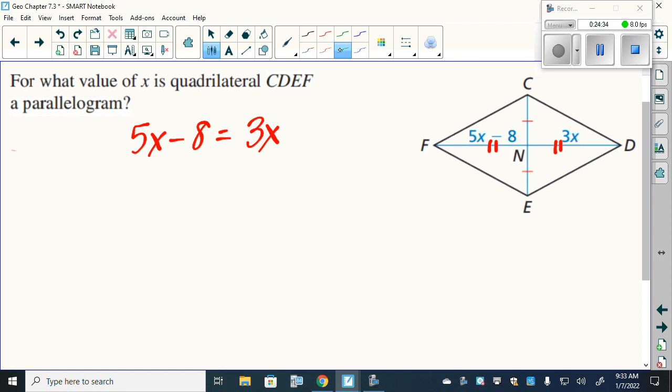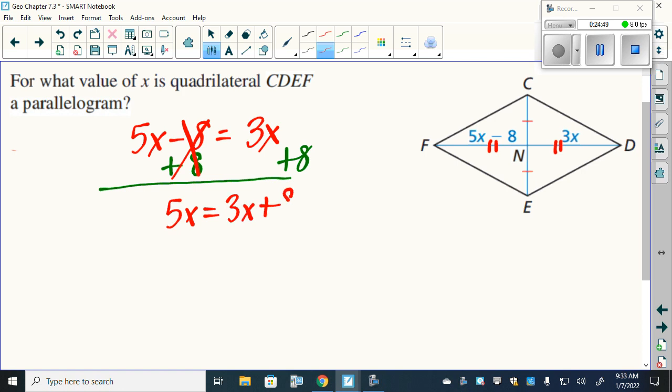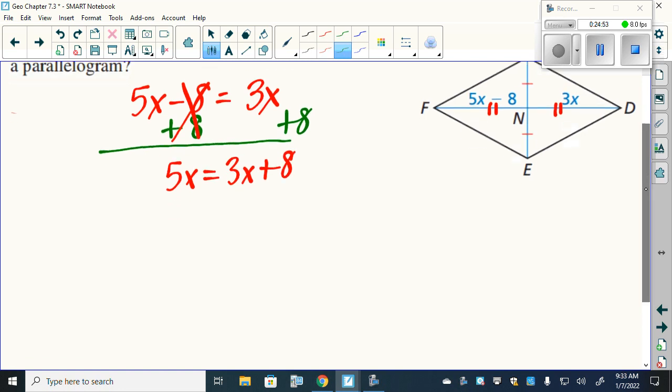What can we do first? We can add 8 to both sides. Negative 8 plus 8 would be 0, telling us that 5x is equal to 3x plus 8. Then what can we do?